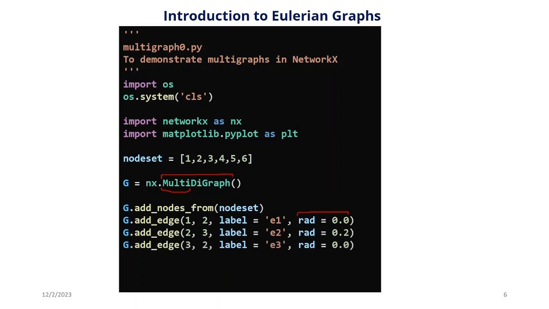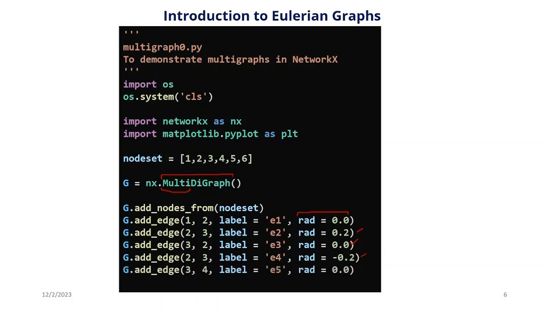So we'll continue from 3 back to 2. E3, this one is going to be a straight edge, so the radians is 0. And then we went back from 2 to 3 again. This time around we use a negative radian so that the curvature is in the opposite direction of the first curvature. Both of them are in opposite directions.